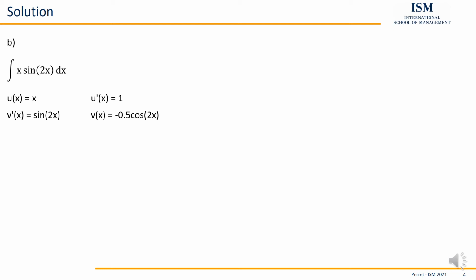With sinus 2x, from sinus we get to the cosinus. However, the cosinus derived is minus sinus, so I have to put a minus here as well. Okay, this takes care of the sinus, but we have 2x, so we need to have 2x here as well. If, however, we were to derive minus cosinus of 2x, we would get a 2 here.